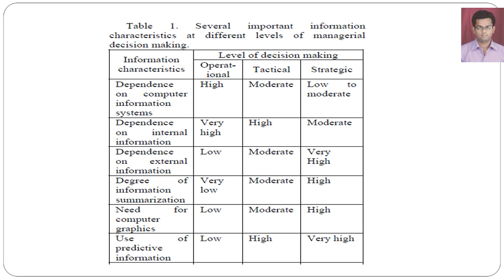Now, if the level of decision making is applied on this particular information characteristic, then the operational level will have a low use of predictive information, the tactical level will have a high use of predictive information, and the strategic level will have a very high use of predictive information.